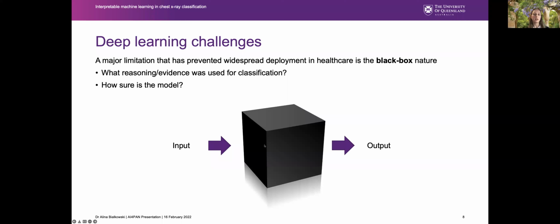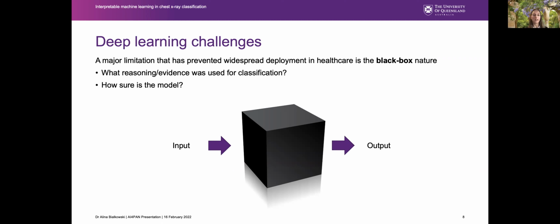You have this massive neural network with millions of parameters that then works together to produce some output. And the black box nature of deep learning is actually a major limitation that's prevented the widespread deployment of these types of deep learning models in healthcare.